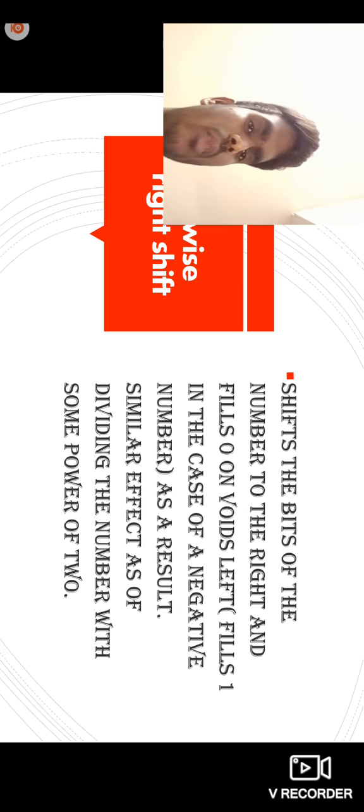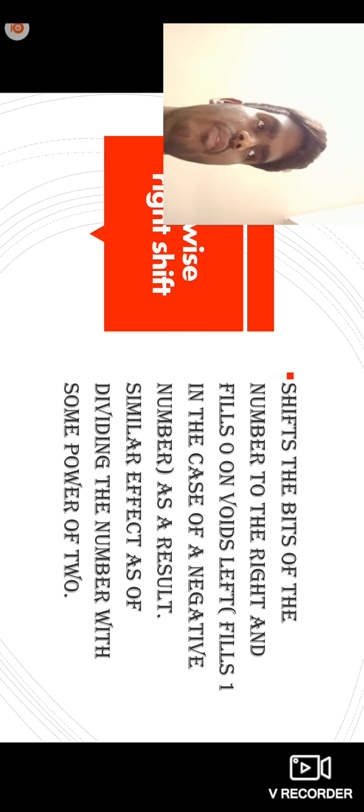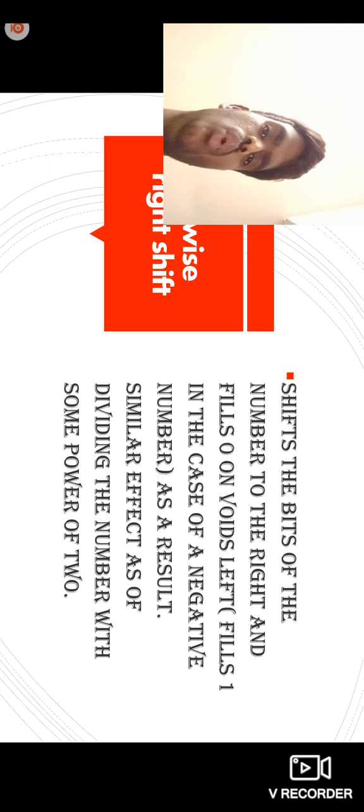Now coming to left shift and right shift. You need to simply remember that whatever we are shifting, if we give a number like 10 and we need to shift to the right side, say 2 shifts to the right, we need to delete two digits from the end.